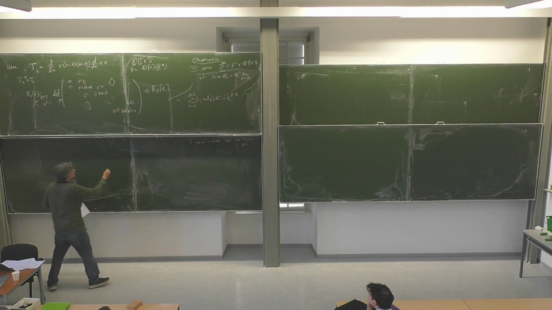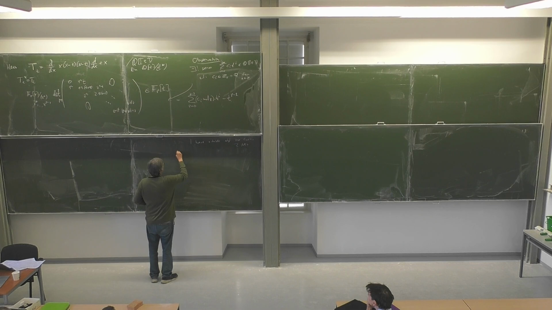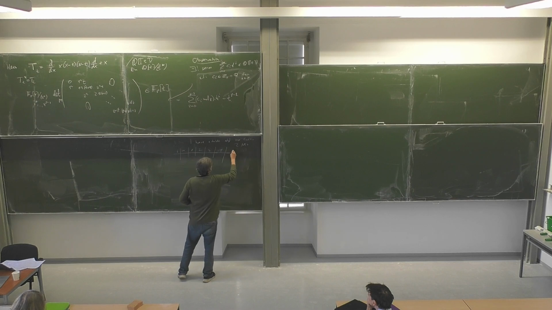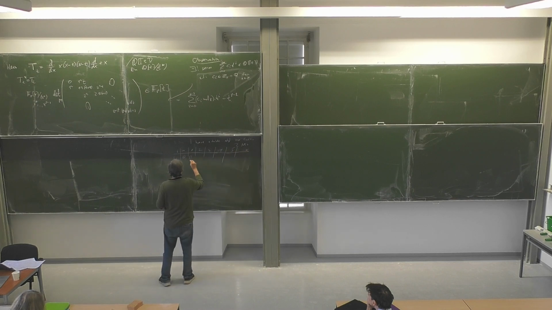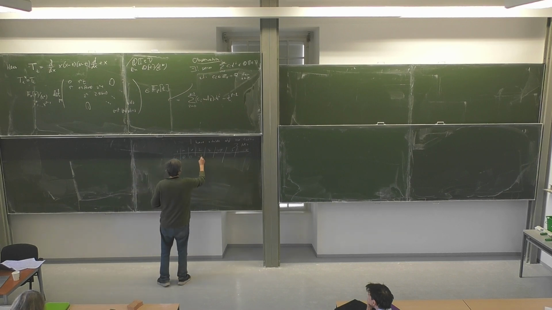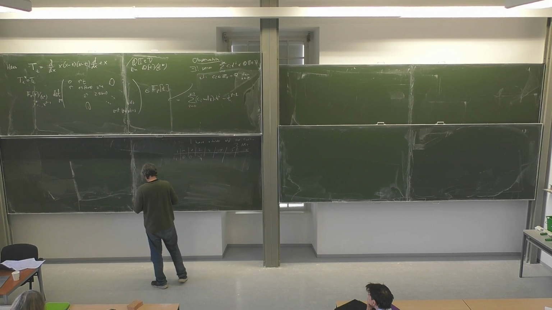How do they look? You get like 0, 1, 2, 3, 4, 5, 6. The first two coefficients are 0. Then the first, c_2, is equal to 1 over 4 minus 1 over 24.